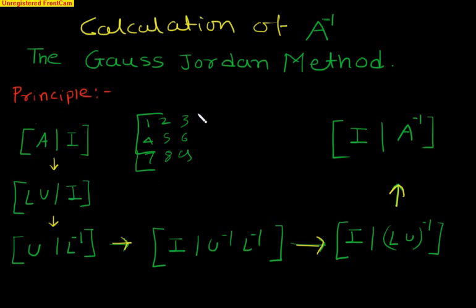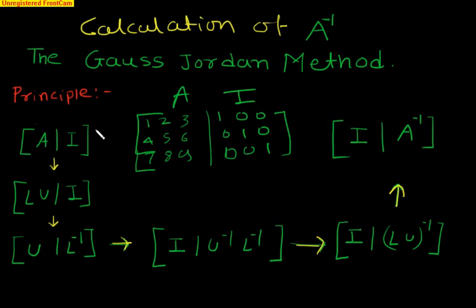This is a 3 by 3 matrix, right? At the right hand side I will write 1 0 0, 0 1 0, 0 0 1. The left hand side is the matrix whose inverse we aim to find. This is A, this is I.